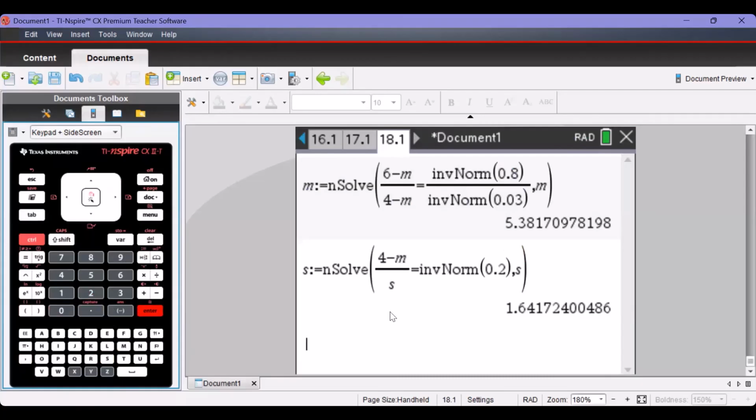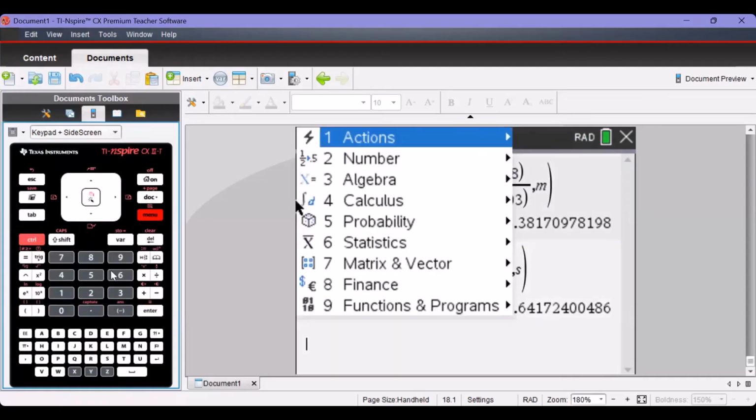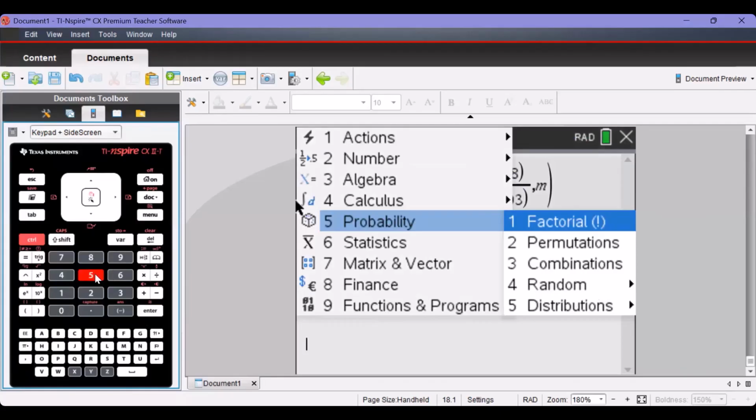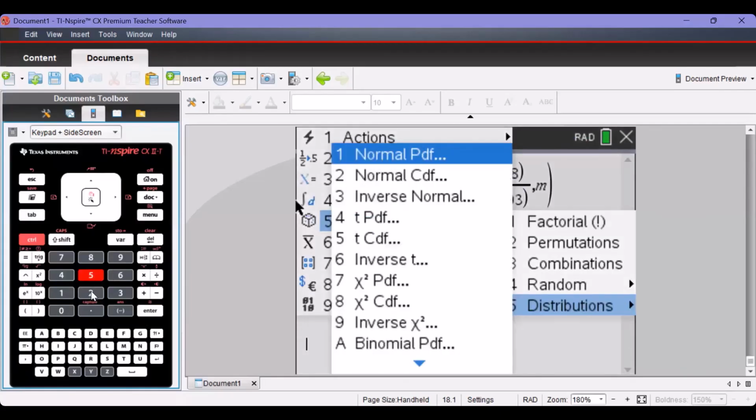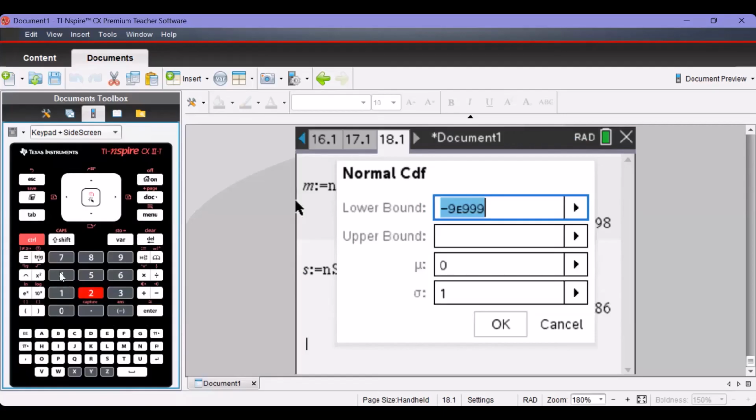1.64, etc. Now we're asked to find the probability that random variable capital X lies between 4 and 6. So what we do now is we press Menu, 5 for probability, 5 for distributions, 2 for normal CDF. Our lower bound is 4, upper bound is 6. Press tab. Our mean is M. Press tab.